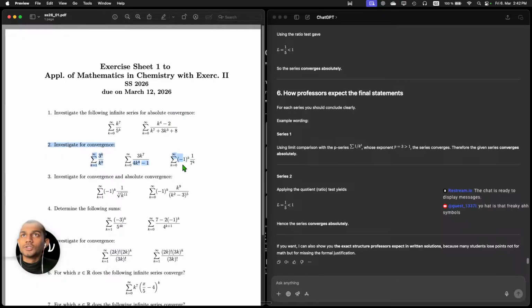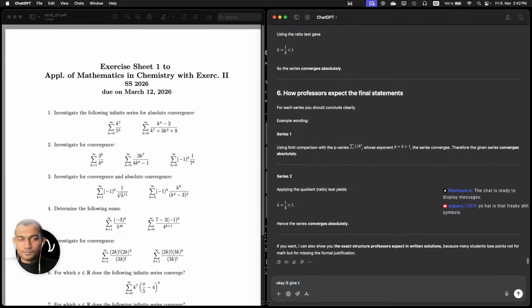Investigate for convergence. How is this one looking? Oh, no. Okay. Wait, I got one more way to get the questions out of it.